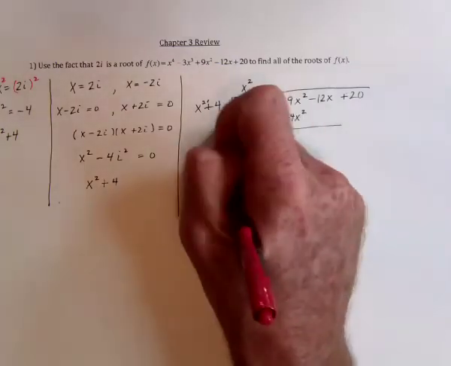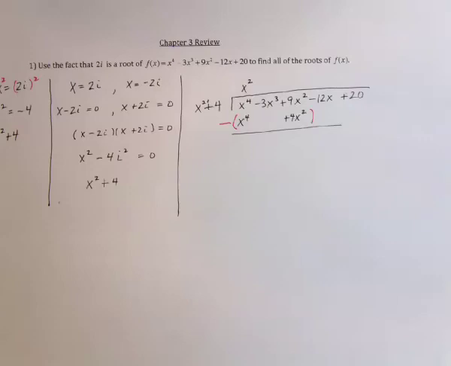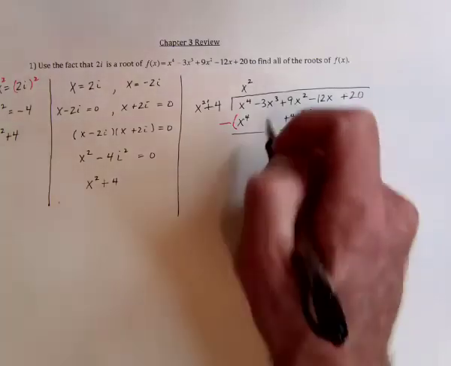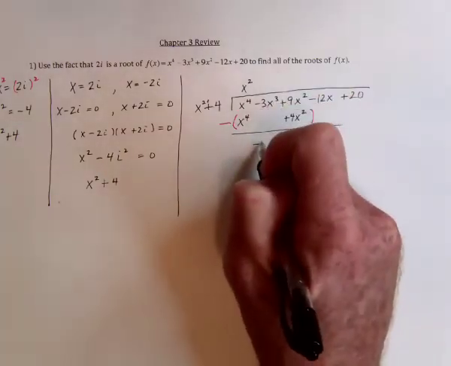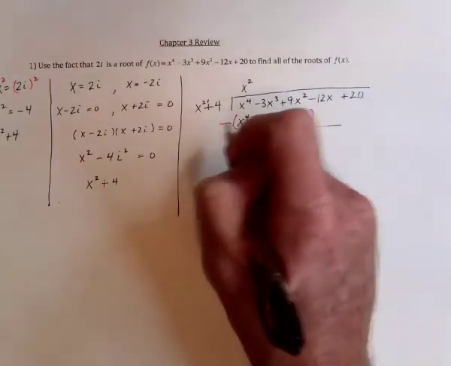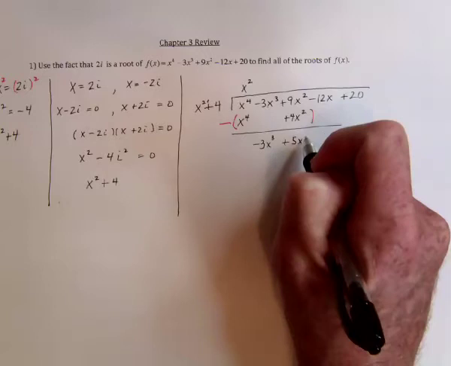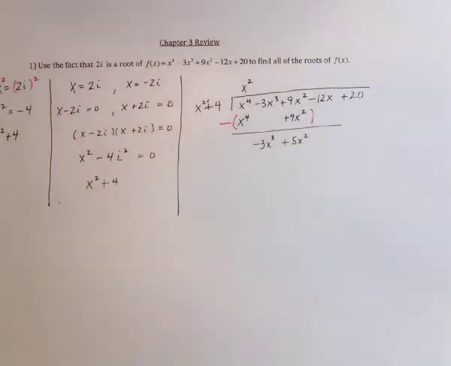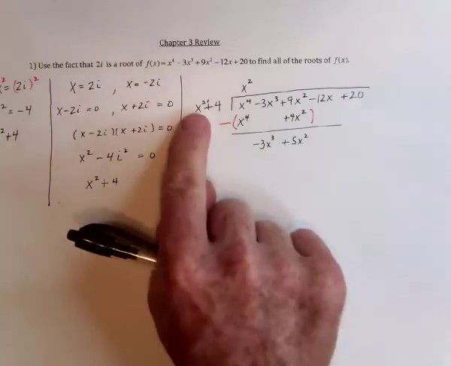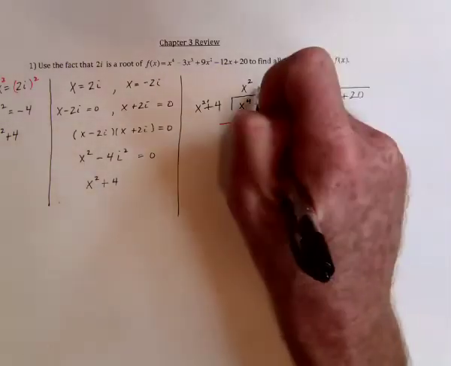And we need to subtract this second line. So there's going to be x to the 4th minus x to the 4th. As far as the x cubes, just carry this down. And then there's 9x squared minus 4x squared for a 5x squared. And then repeat. In order to get this to change into that, I need a negative 3x.